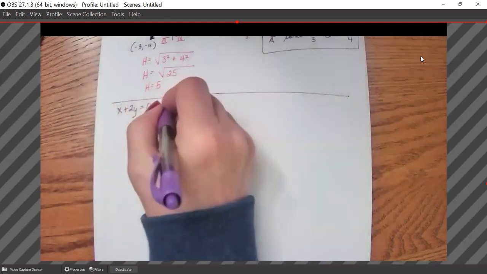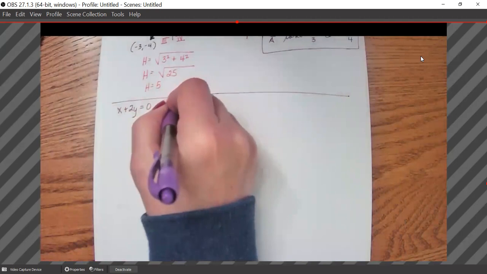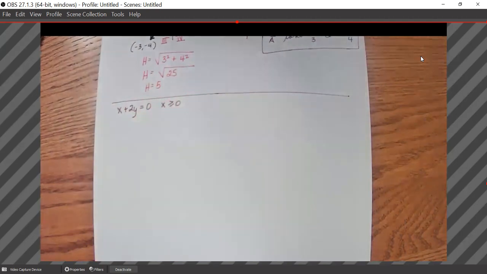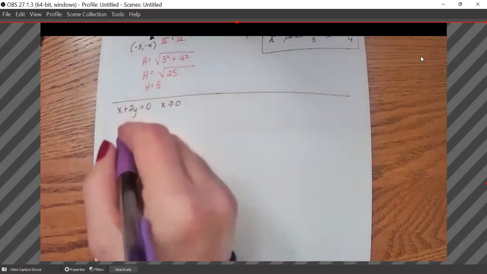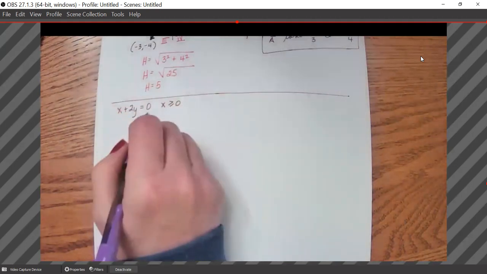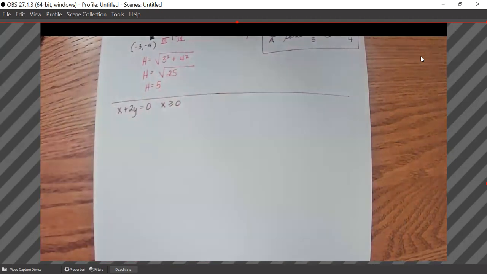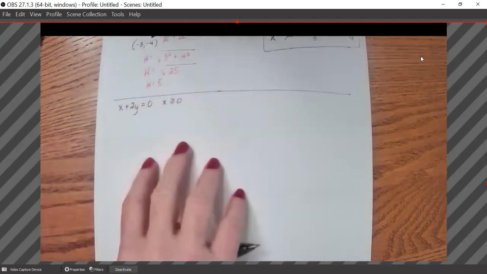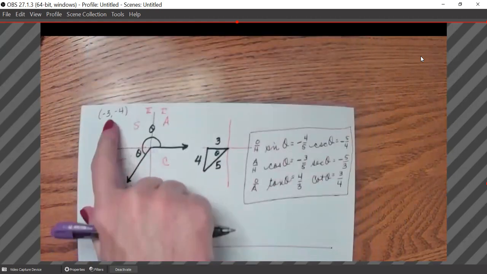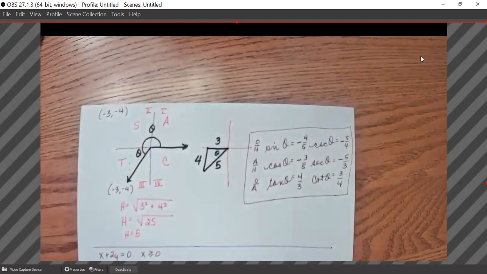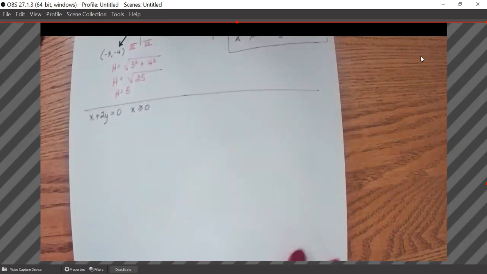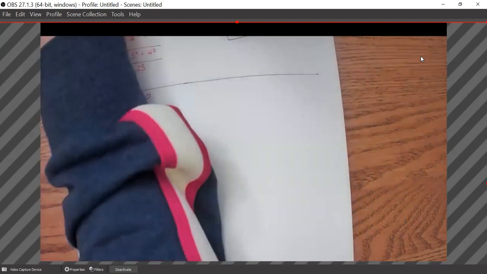And in the problem, they say that x is greater than or equal to 0. So x is always positive. We'll pick a value for x and find a y. We have to find the point. The difference between this problem and the last problem is we were first given a point. Here we're not being given a point, but we can actually find a point.